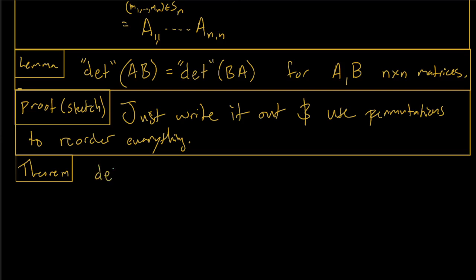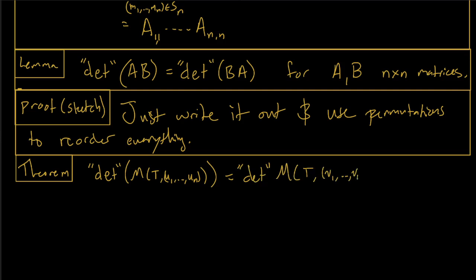The quote-unquote determinant of the matrix of T with respect to a basis U1 through Un is equal to the quote-unquote determinant of the matrix of T with respect to a basis V1 through Vn.